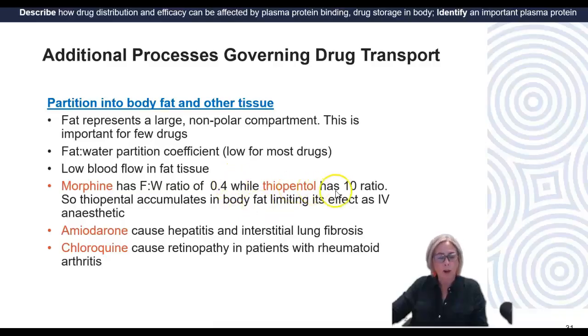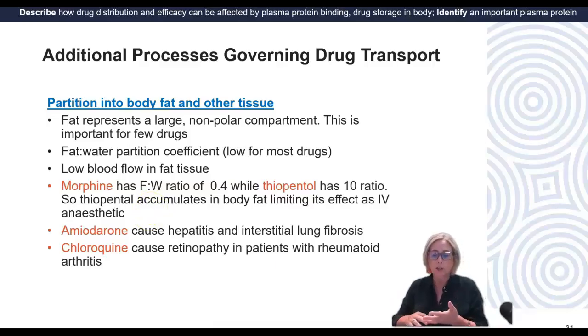While thiopental has a 10-to-1 ratio, so much higher. And for this, thiopental, as it says there, will accumulate in body fat, and therefore it's not very good as an intravenous anesthetic.